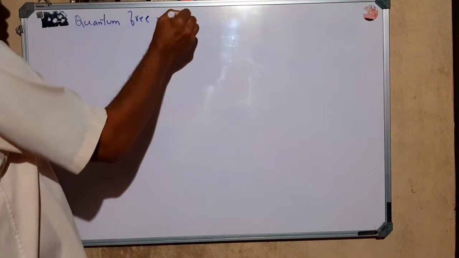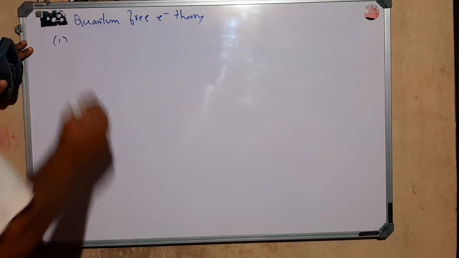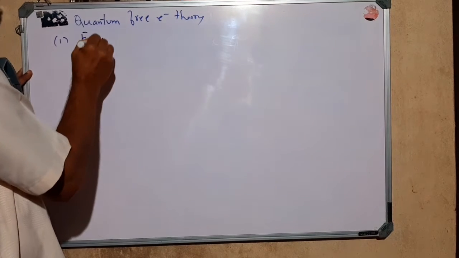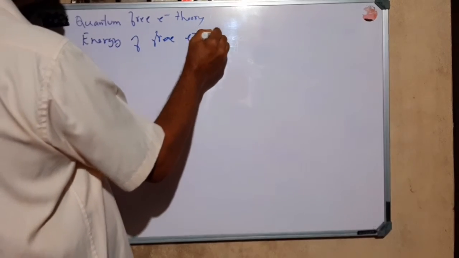He retained the third and fourth assumptions of classical free electron theory, but modified the first two. According to quantum free electron theory, the energy of free electrons is quantized.